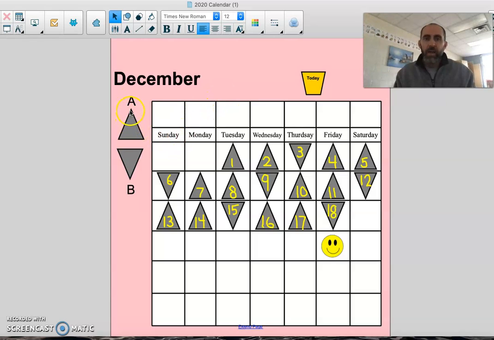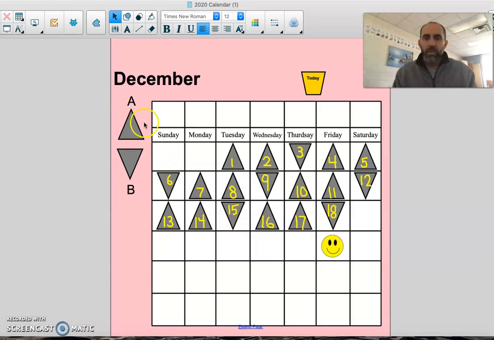So in our pattern, A was a triangle pointing up and B was a triangle pointing down. So we're just going to fill up every space here with our pattern, and then from there we'll fill in the numbers, and then if we have any extra triangles in the pattern that go beyond our numbers, we'll clear them out. But I think that's going to be the easiest way to catch this up.